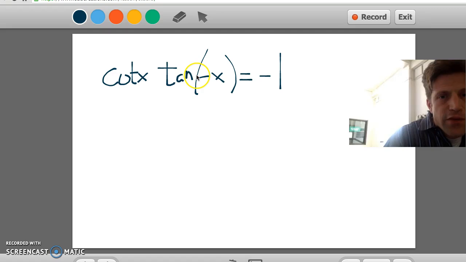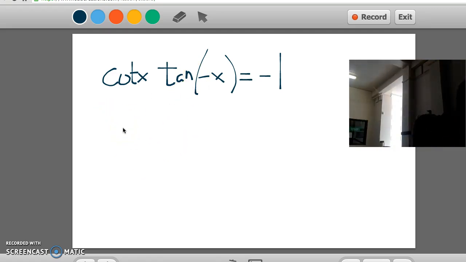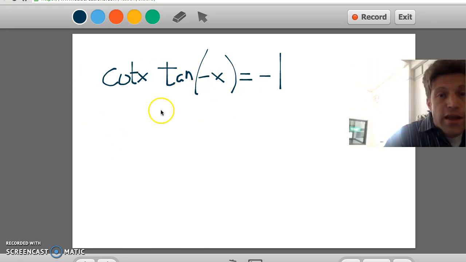A tan negative x. So this is a theorem. It's on page 848, where all your theorems are, but it has to do with tan being an odd function. So tan of a negative something is negative tan something. So this is cotangent x times negative tan x. So we can get that negative x out of there and just make that negative.